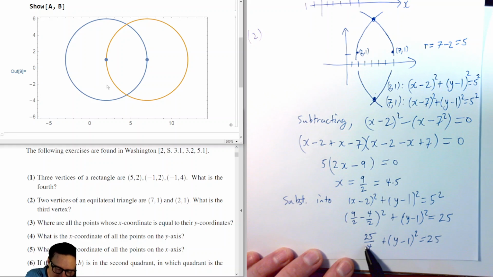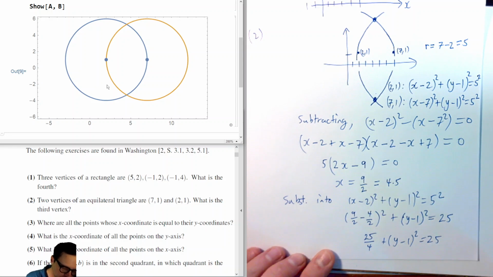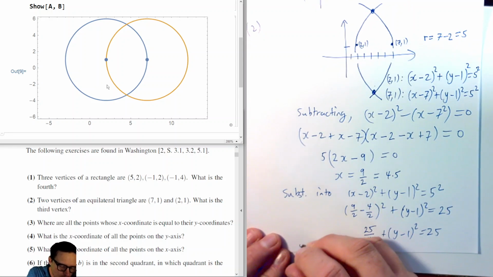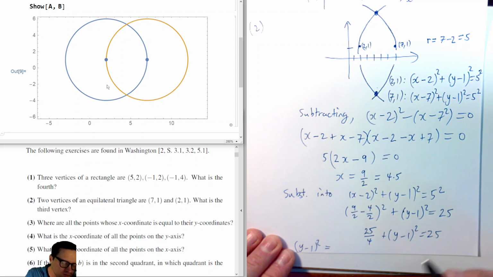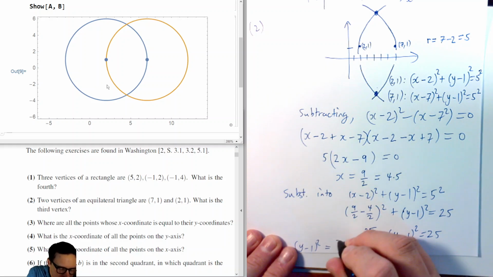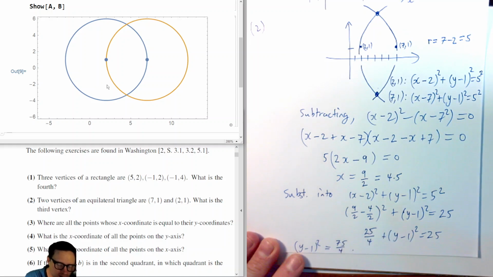So it remains to take this 25 over to the right-hand side, collect like terms, take square roots, and solve for y. Okay, so let's write the 25 over 4. Top and bottom multiplied by 4 gives us 100 over 4. So (y minus 1) squared equals 100 over 4 minus 25 over 4, which is 75 over 4. Now let's take square roots.